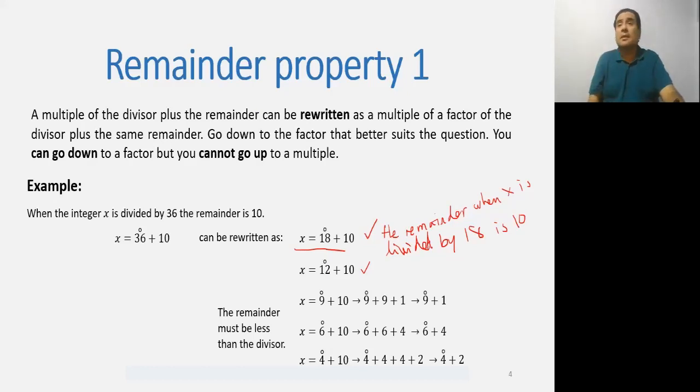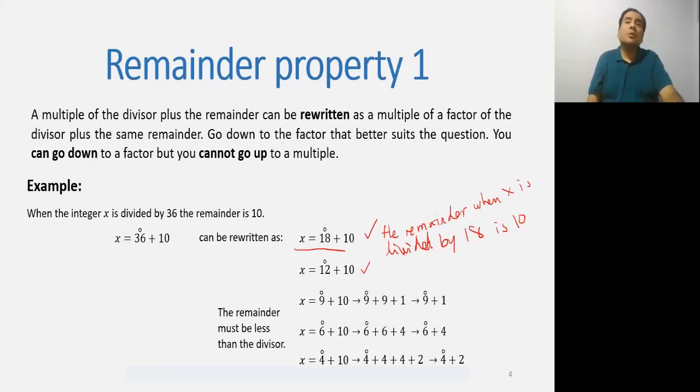So you can see you can use this property to establish the remainder of the original number, the original dividend, regarding a divisor that is a factor of the original divisor.